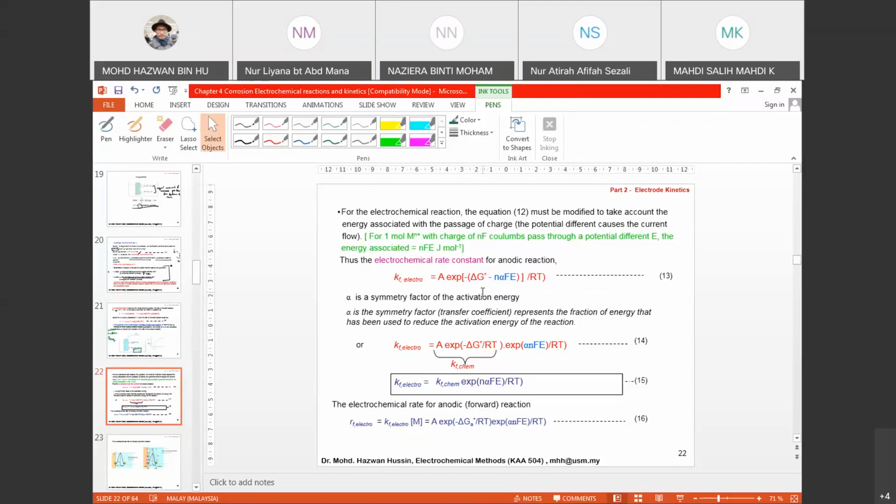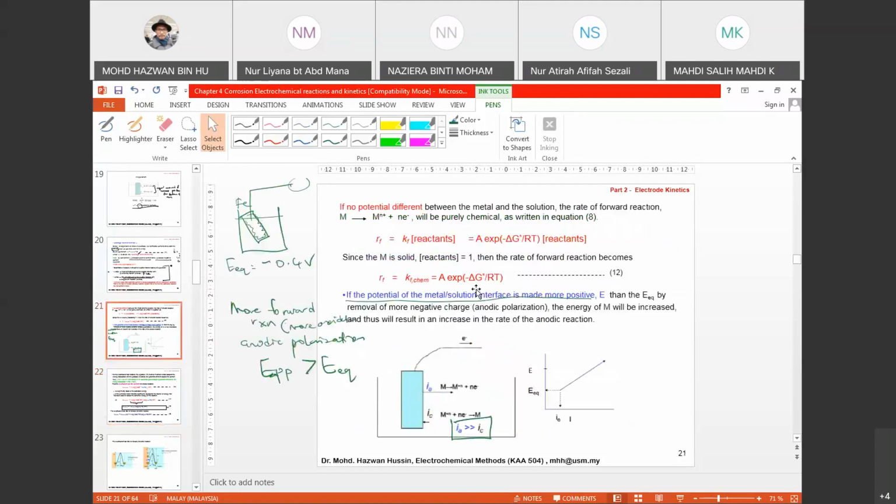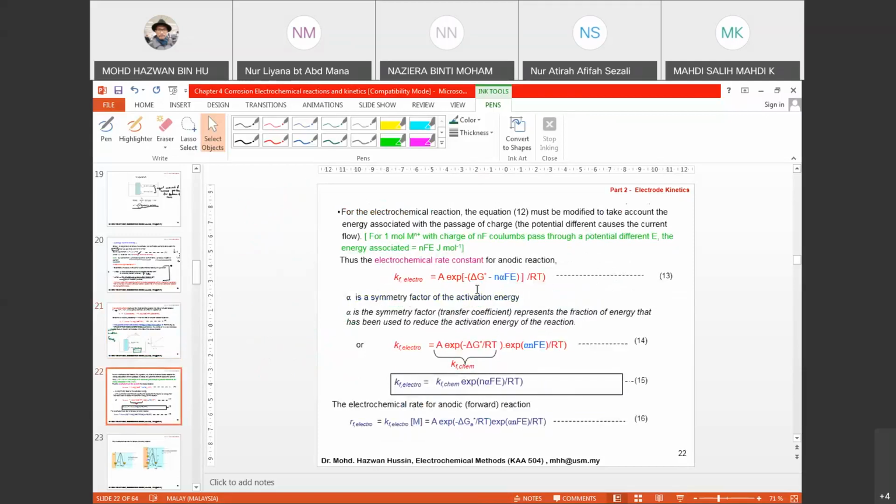Third line. Which one is this? This equation, equation 13? Passing through a potential difference E, the energy associated is equal to nEF. Is it equal to nEF or minus nEF? Oh, this one. Yeah, this one. You mean this one? Okay. Yeah.